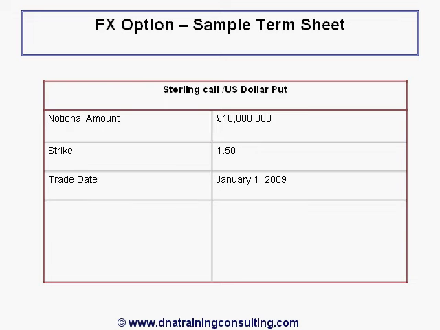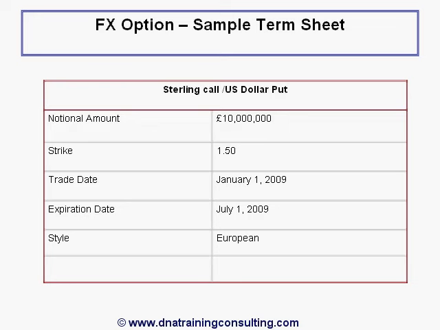The trade date, January 1, 2009. Expiration date, July 1, 2009. So this is a 6-month option. Style, European, exercisable only at maturity, and premium paid up front of $250,000.